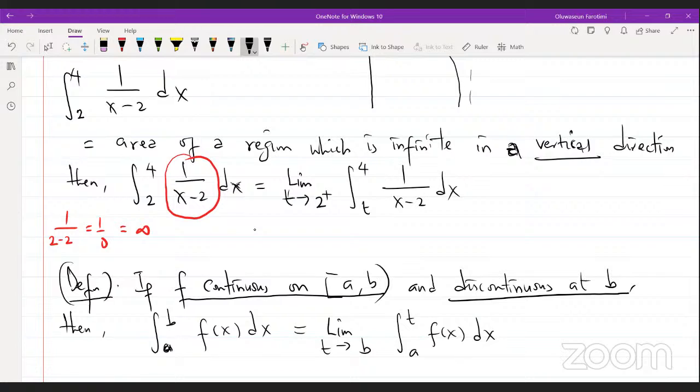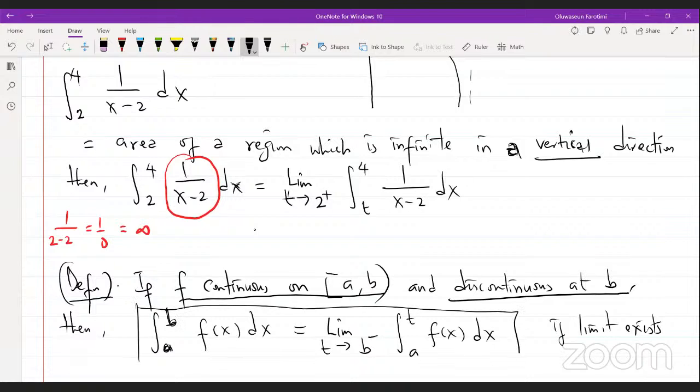Now, in this case, put the sign right here, from the left, provided the limit exists. Because it's one thing to be able to rewrite it, and it is another thing for the limit to exist. Now take note, guys, a little switch in notation.